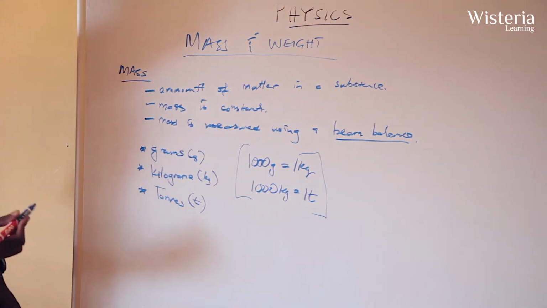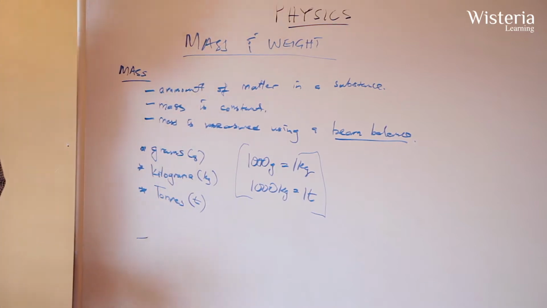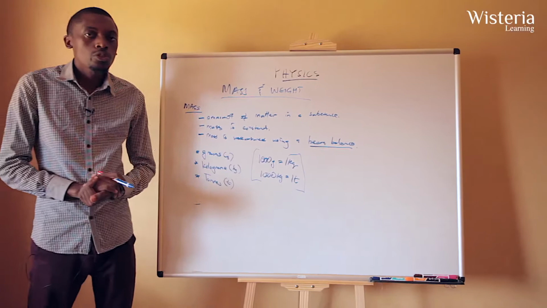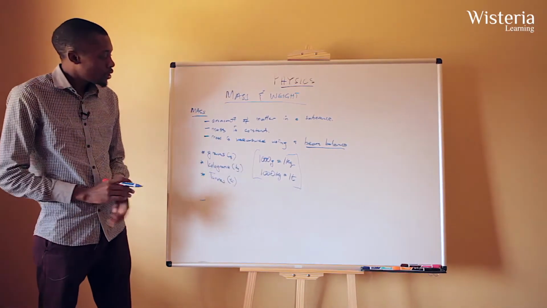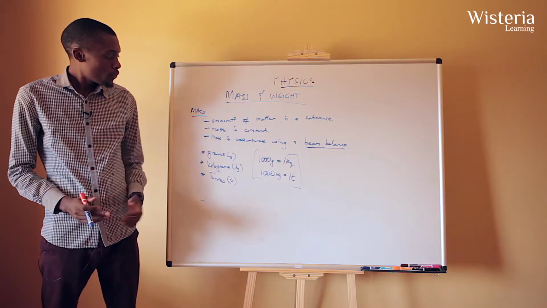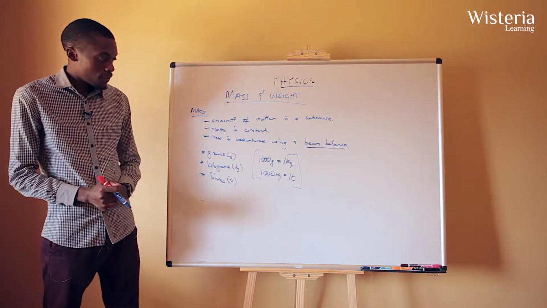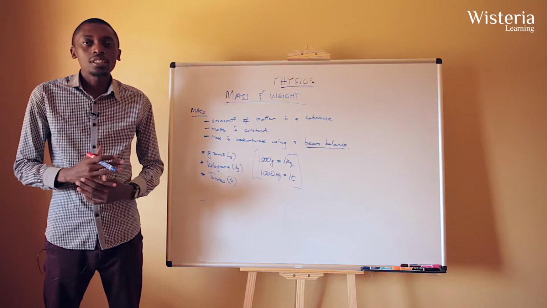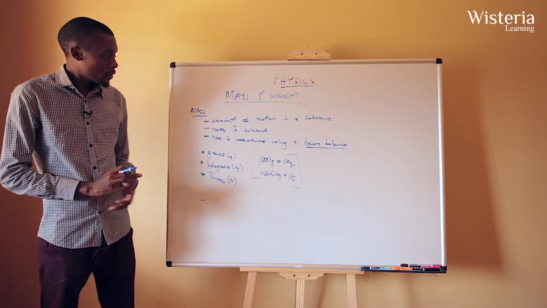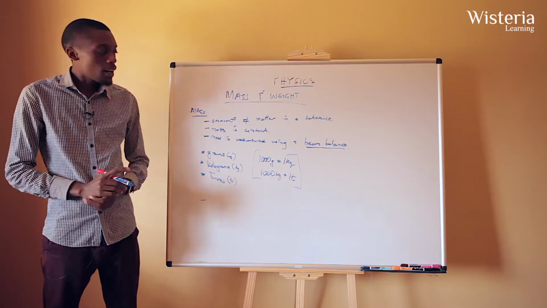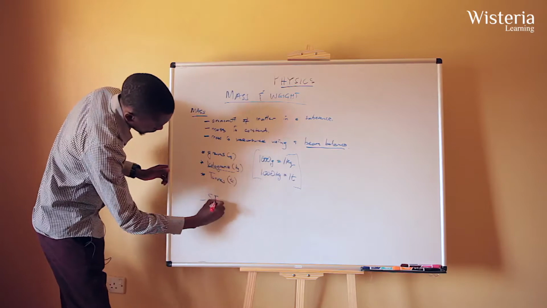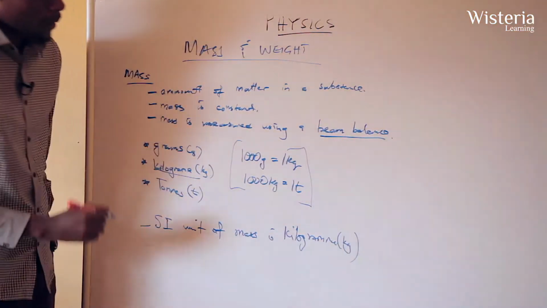So from here we are going to mention another important fact about mass. Since we do calculations in physics, you need to make sure that in all calculations involving mass, you state the unit in the SI unit, which is the standard unit for this physical quantity. So the SI unit of mass is kilogram.